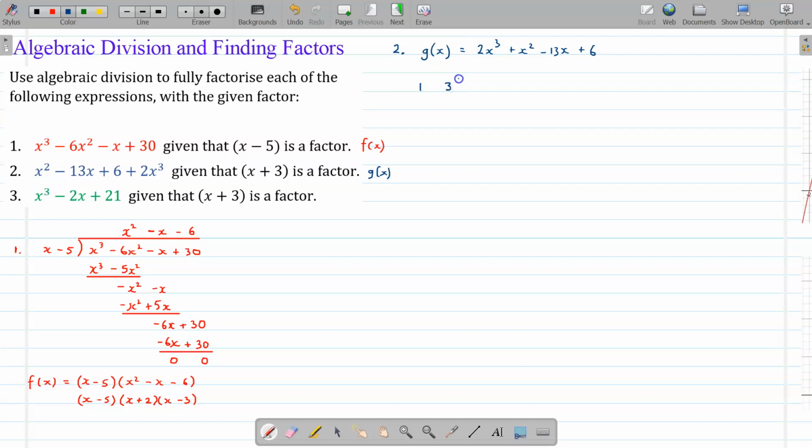And I'm going to divide that into 2x cubed plus 1x squared minus 13x plus 6. So I've written the coefficients down, but not the actual algebra. And it's a lot easier to see what's going on with the actual division process.